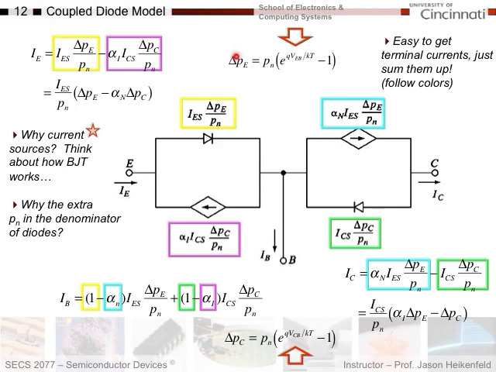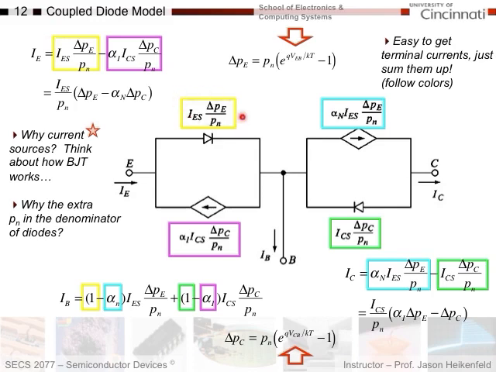Now, how does this work? Well, let's take a look at this. If this is my emitter terminal, here's my base terminal, here's my collector terminal, what do I need to have for my emitter terminal? Well, you'll notice for the emitter current that I have two components, okay? I've got a component headed in this direction, which is my normal mode emitter current component, which is here.